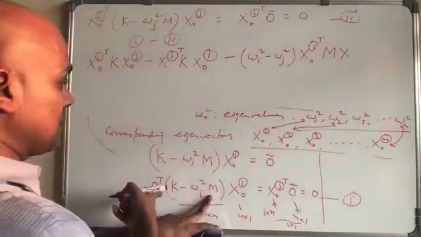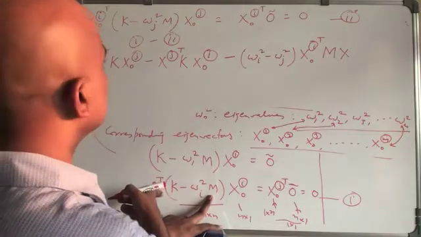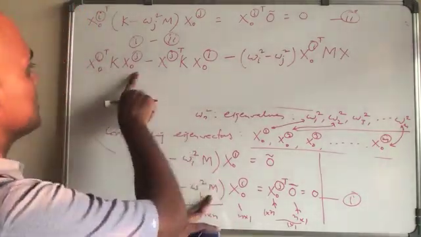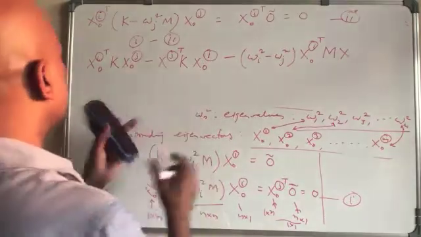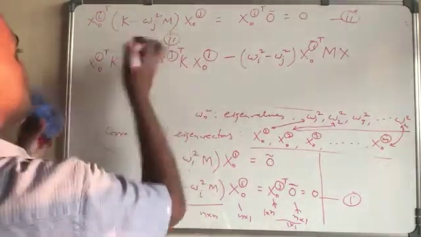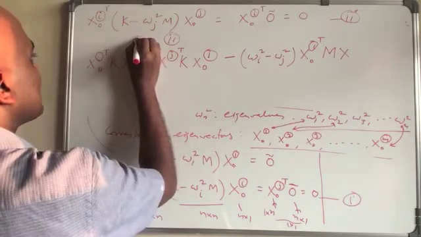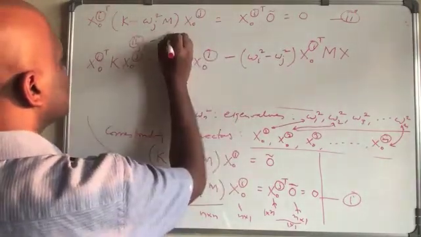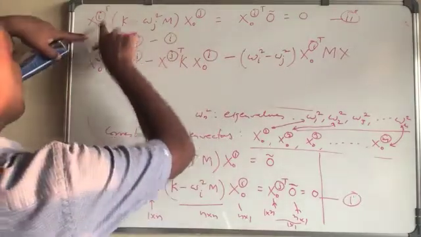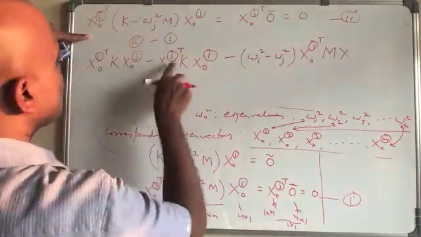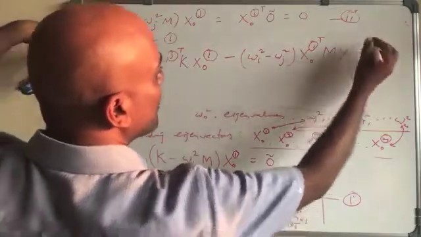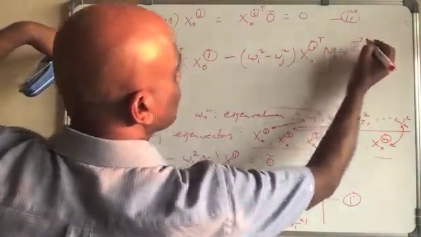So what we actually did is equation 2 minus equation 1, with the i term first and the j term later.